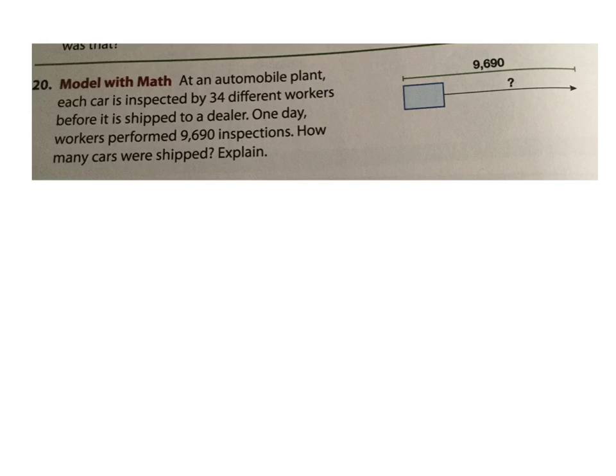We know that 34 workers look at each car, so we're going to put 34 in the box. We just don't know how many boxes, or how many cars, were looked at. So we're going to take 9,690 and divide it by 34.